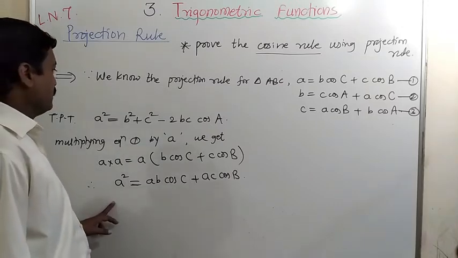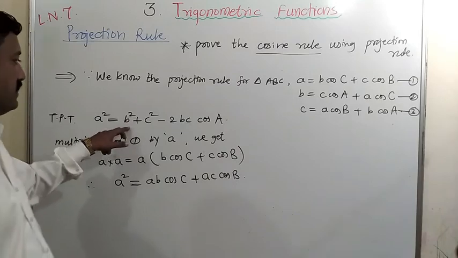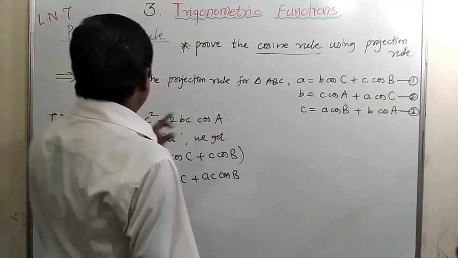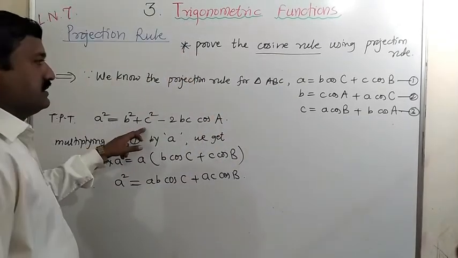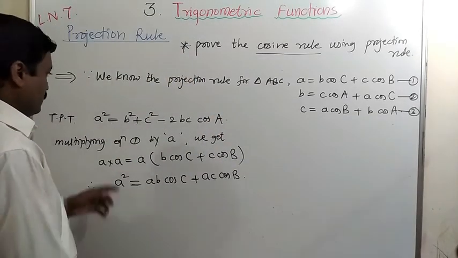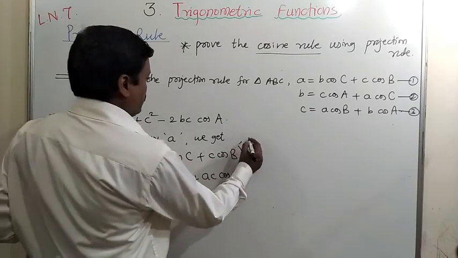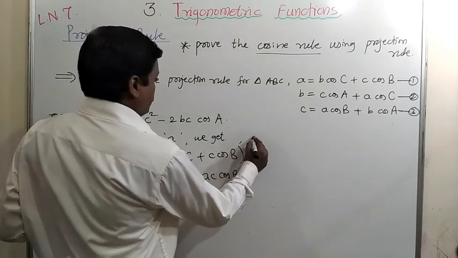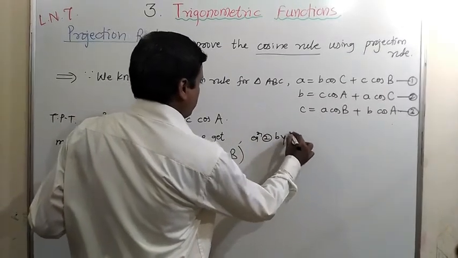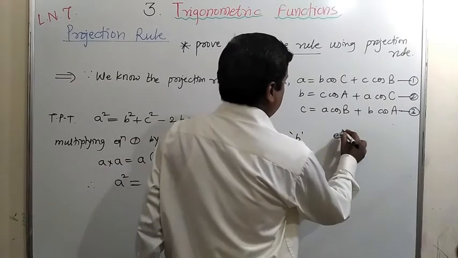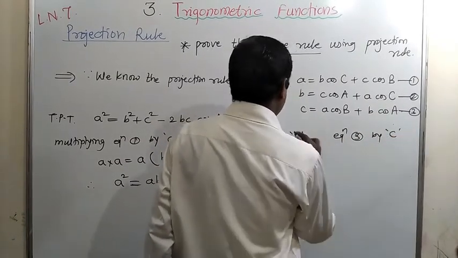Similarly, how do we get b square here? Multiplying equation 2 by b and equation 3 by c.